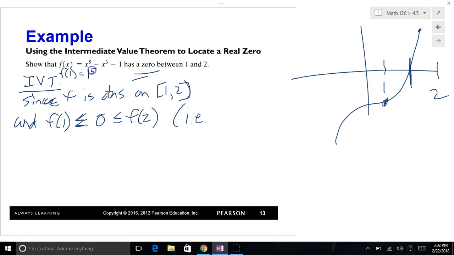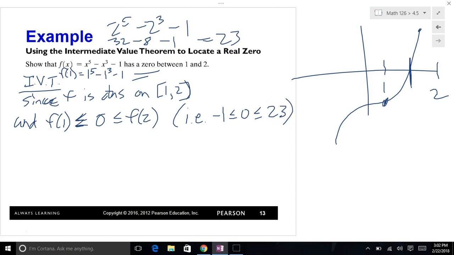If you think about that, 1 to the 5th minus 1 to the 3rd minus 1, you got 1 minus 1 minus 1 is negative 1. So it's going from negative 1. And then if I plug 2 in, 2 to the 5th minus 2 to the 3rd minus 1, let's see, what's that? 32 minus 8, 24 minus 1, 23.